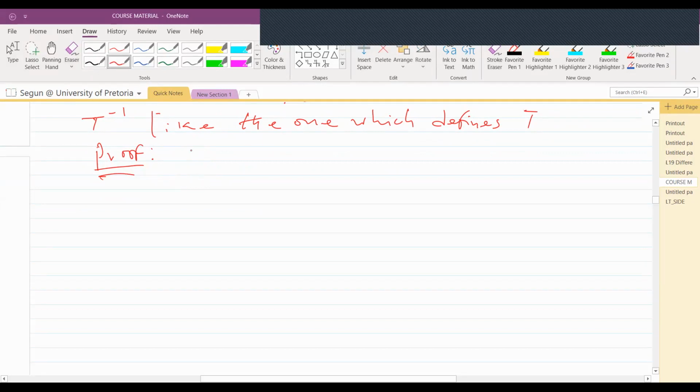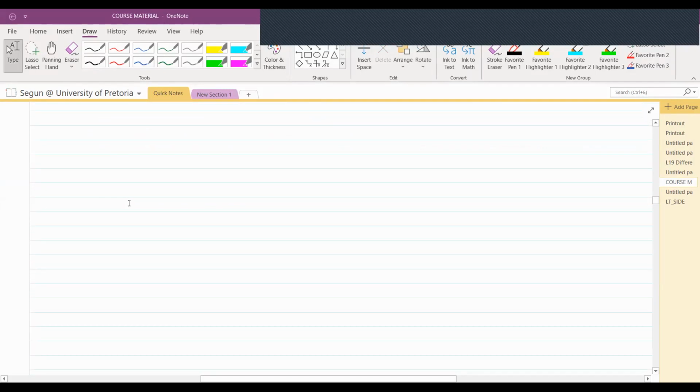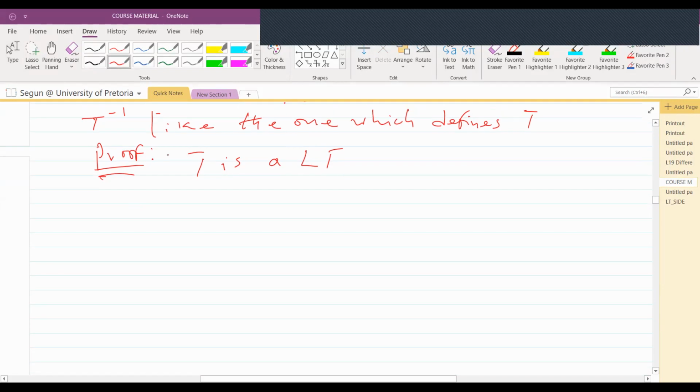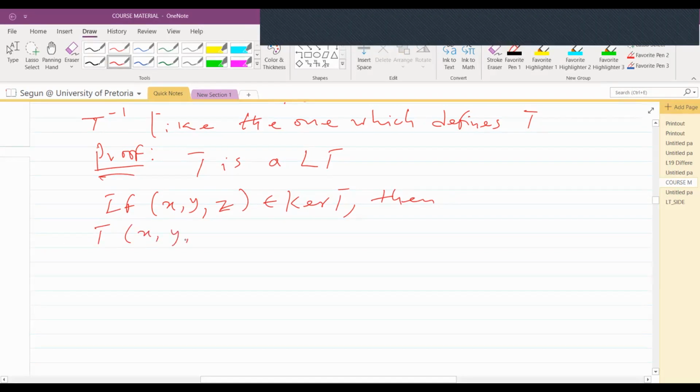Transformation, linear transformation. T is a LT, where LT means linear transformation. Now we can go ahead by saying: if (X, Y, Z) belongs to the kernel of T, then T of (X, Y, Z).